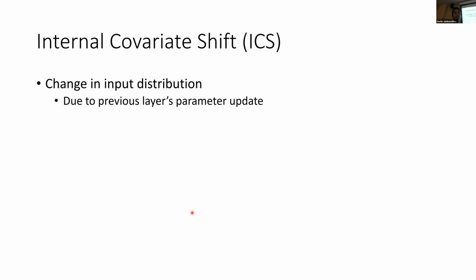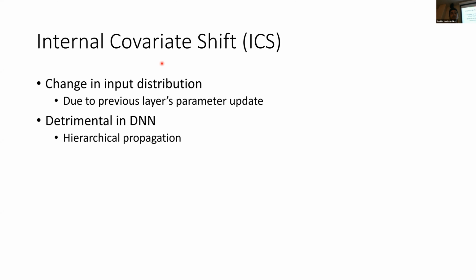So we can then look at the internal covariate shift, which is why the paper from 2015 introduced batch norm. Here they define the covariate shift as the change in input distribution. So due to the previous layer's parameter update, the values for the next layer would be shifted quite radically.